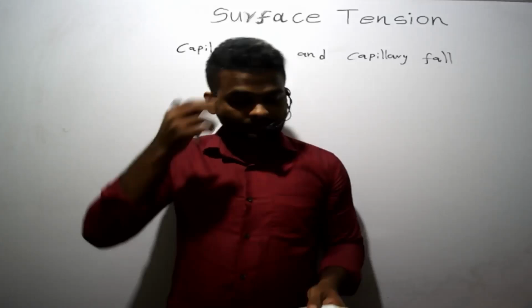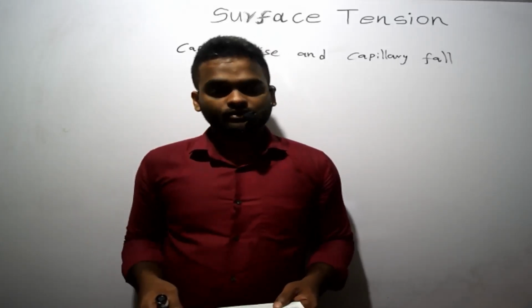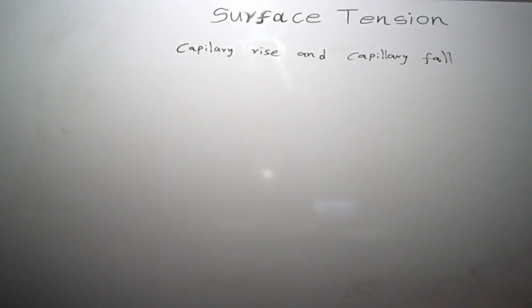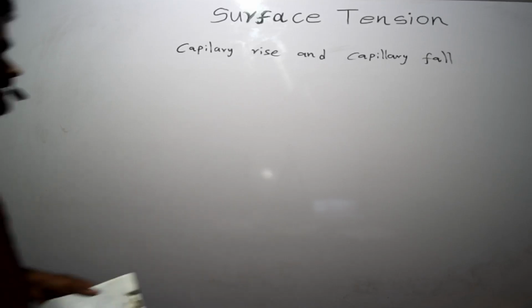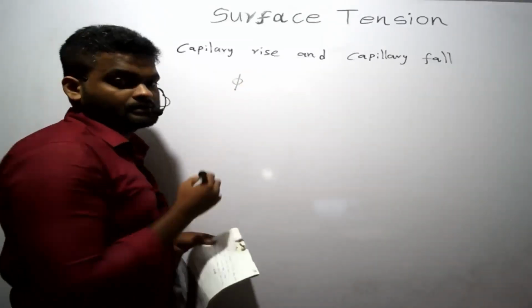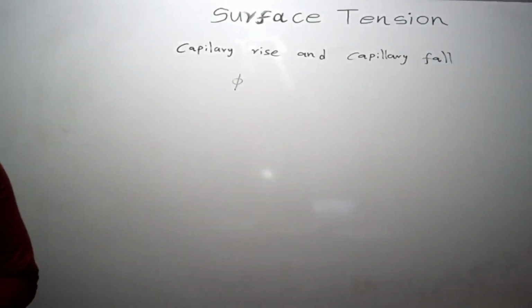Write down: when a capillary tube is immersed in a liquid like water, with phi, this symbol. Phi means contact angle, okay?